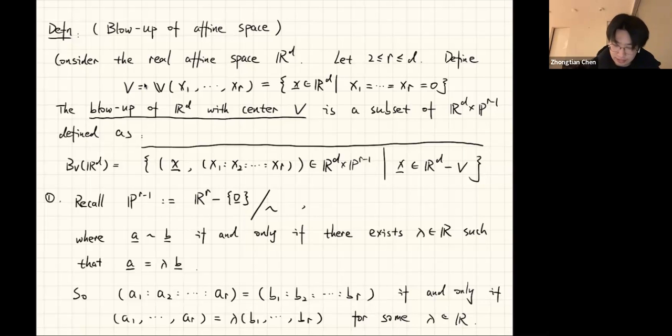Then we write coordinates for points in projective space using this notation. Now, each point is an equivalence class: two points on the same line should be the same.